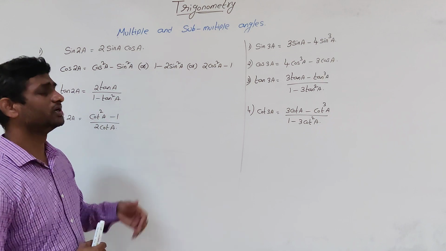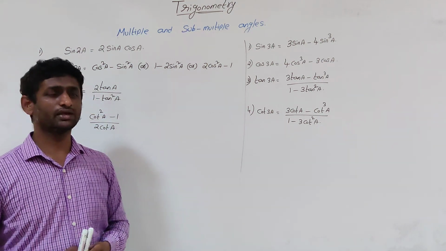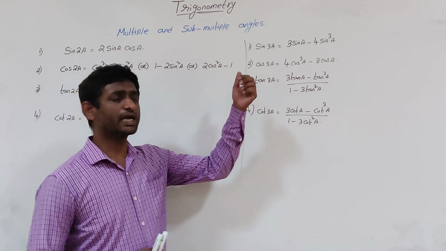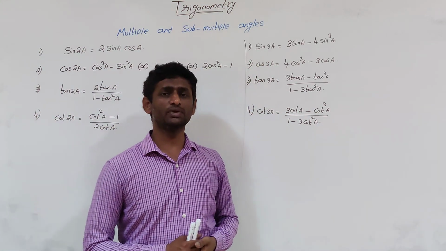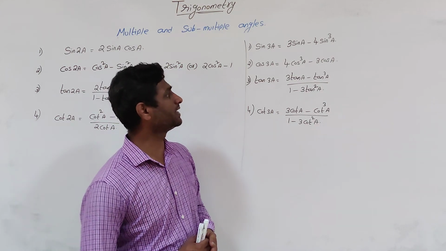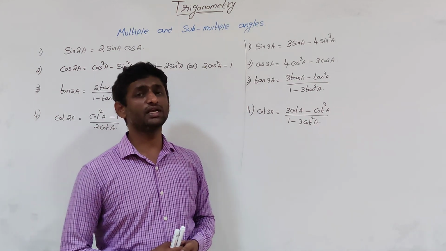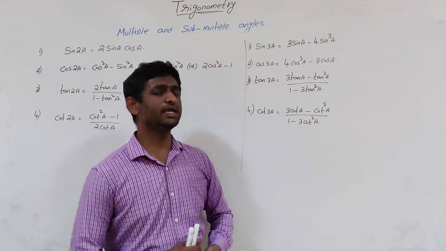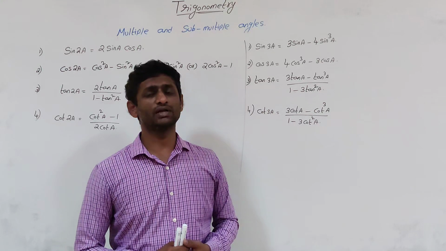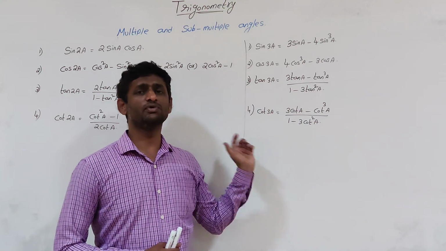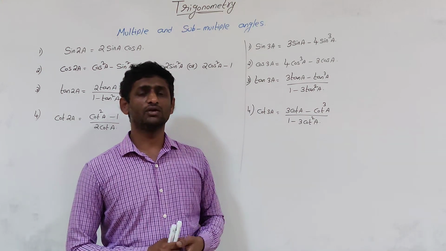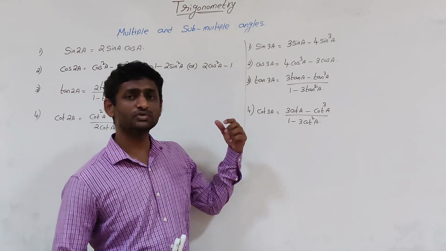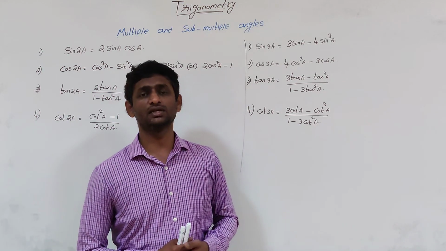Tan 2A is 2 tan A by 1 minus tan square A, cot 2A is cot square A minus 1 by 2 cot A. Similarly sin 3A is 3 sin A minus 4 sin cube A, cos 3A is 4 cos cube A minus 3 cos A, tan 3A is 3 tan A minus tan cube A by 1 minus 3 tan square A, and cot 3A is 3 cot A minus cot cube A by 1 minus 3 cot square A. So this table is very, very important, you have to remember and practice it, and we will have some problems based on the multiple angles and triple angles.